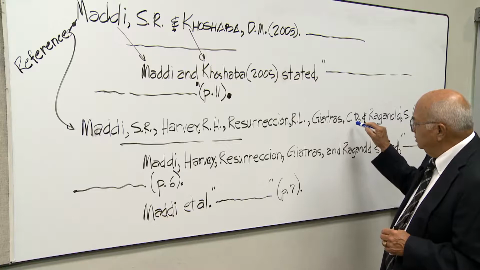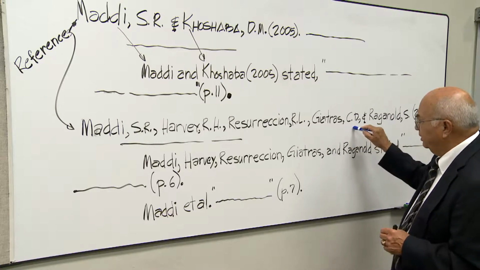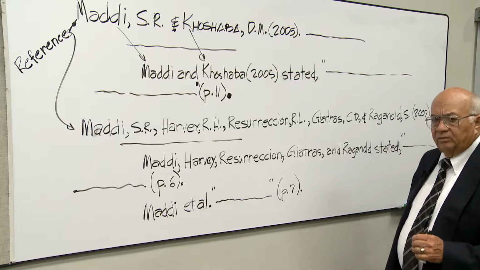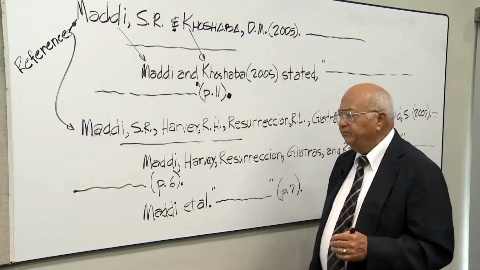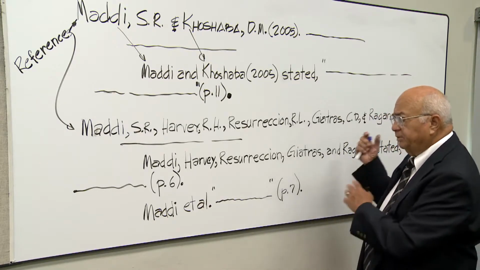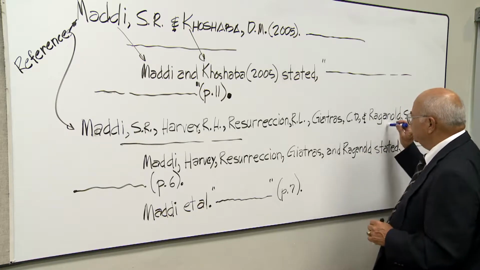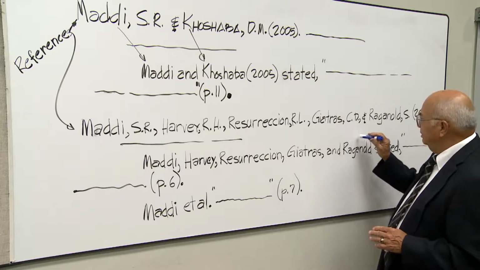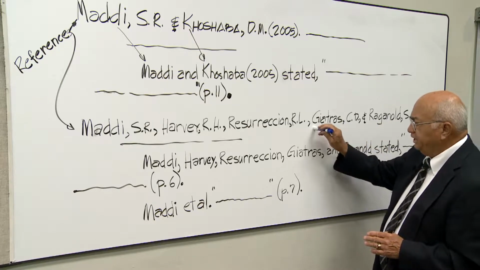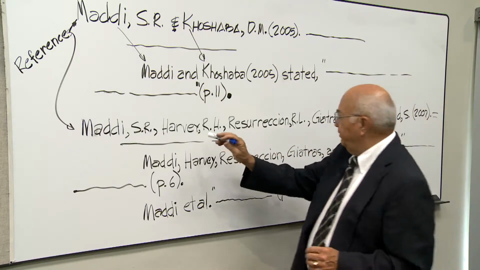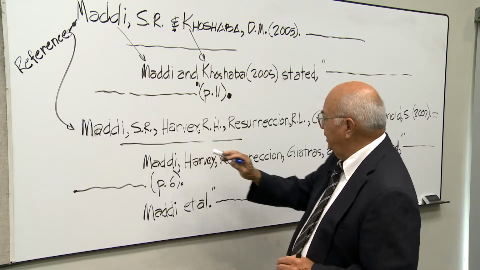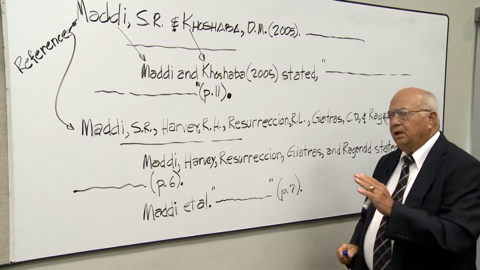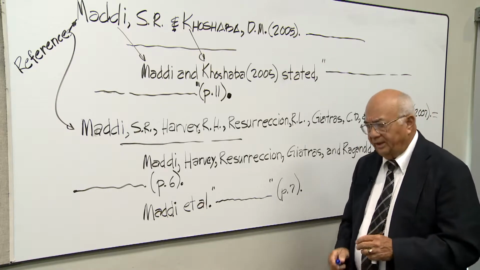So you have Chris here as the fourth author, and then Steve Raganold, who was a fire battalion chief with the Long Beach Fire Department. He participated in writing the article also. But you'll notice that they're not in alphabetical order. If we put them in alphabetical order, Giatras would come first, then Harvey, then Maddi, then Raganold, and I would be last. How do they get out of order and why?